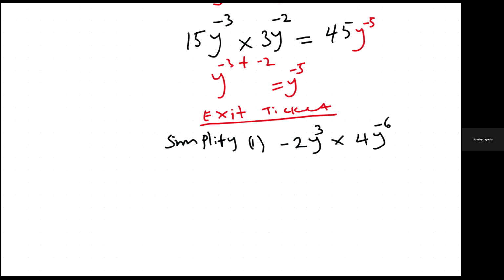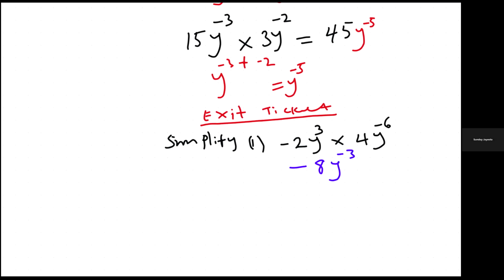By now we should know that the answer is: negative sign here, positive sign here, so that becomes negative. 2 and 4 becomes 8, and y raised to power 3 and y raised to power negative 6 becomes y raised to power negative 3. So the answer is negative 8y raised to power negative 3.